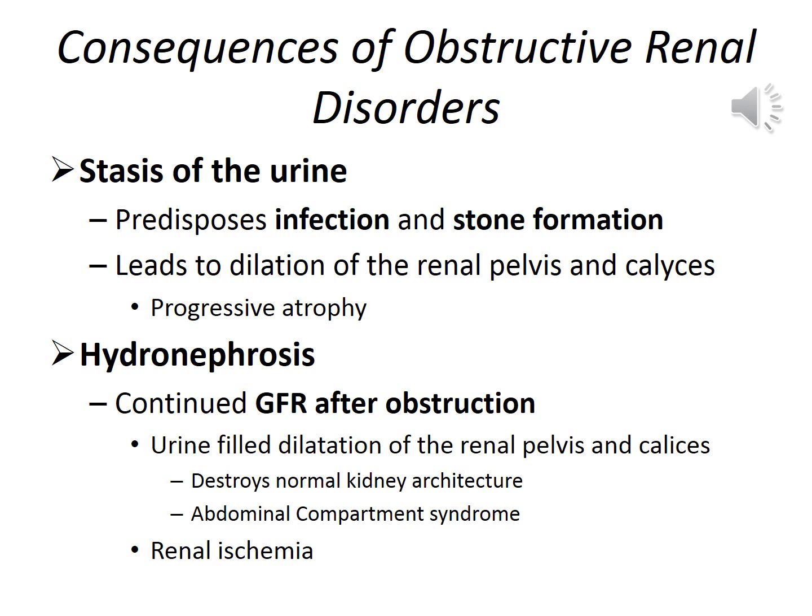So basically we're building pressure because we're adding fluid to the tubule and the system, yet it doesn't move out very fast. And so that pressure, again, is going to further dilate the renal pelvis and calyx, and cause ischemia and damage the kidney architecture.